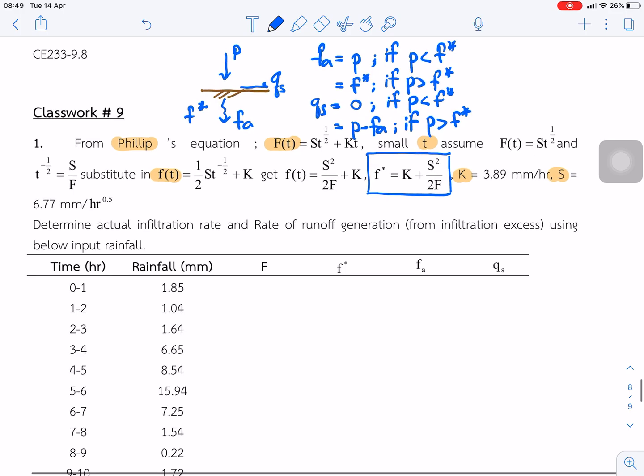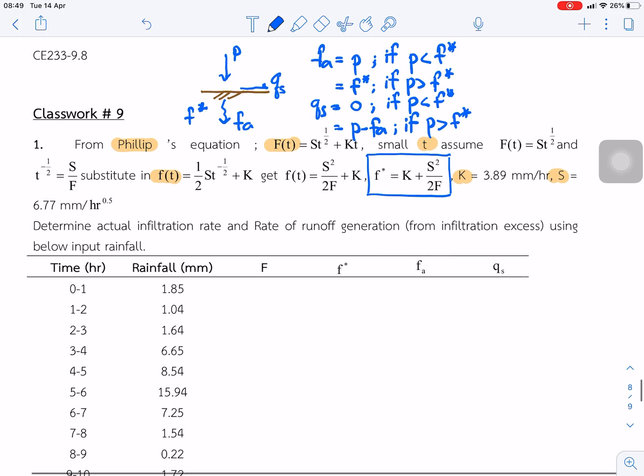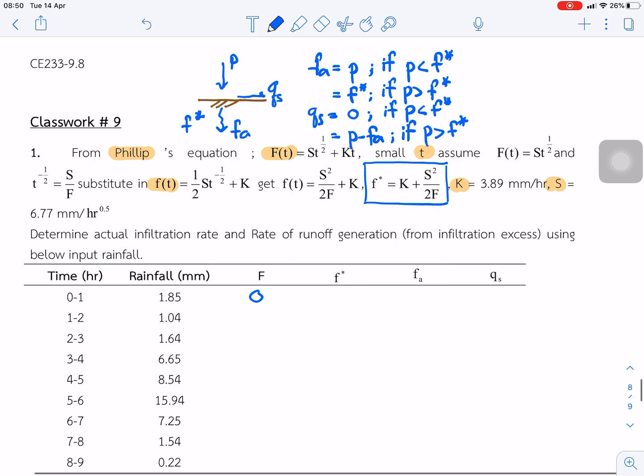We can apply this, for example, at the first hour, where the capital F means no infiltration yet, so it starts from 0. Next we substitute F in this equation. When we substitute 0, we expect the infiltration capacity is infinity.